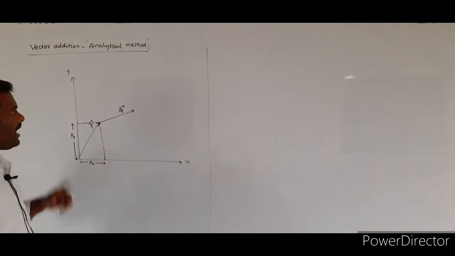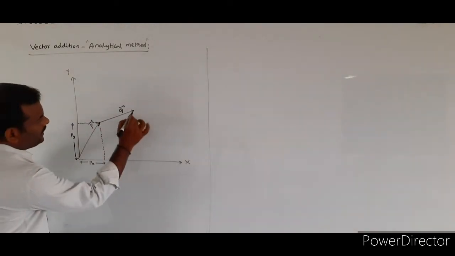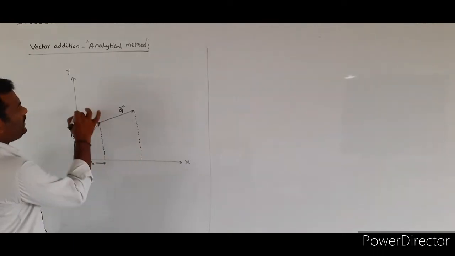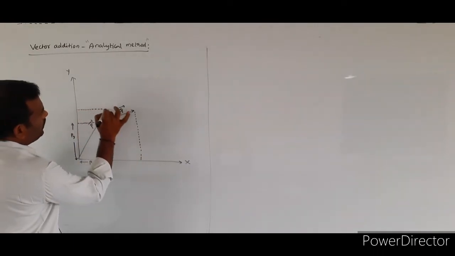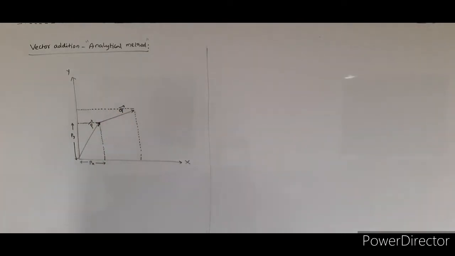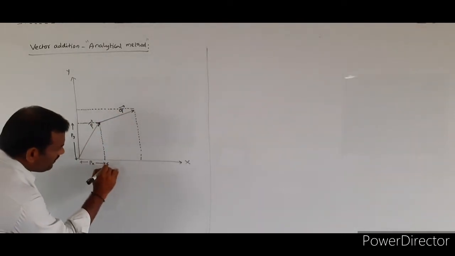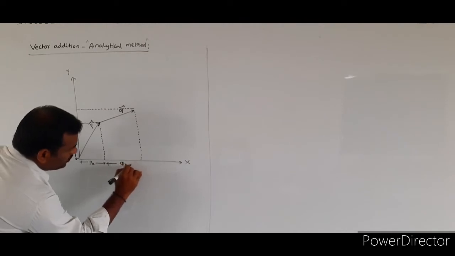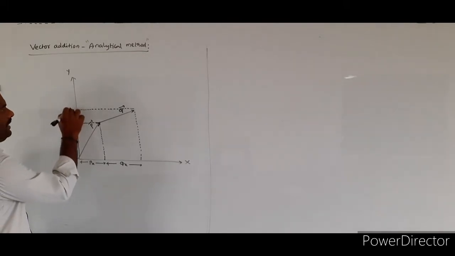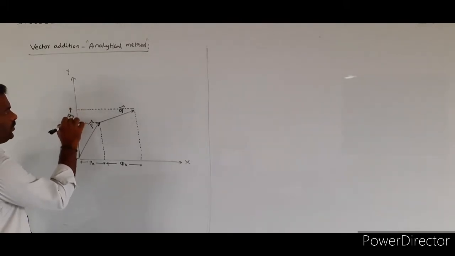Similar to P bar, Q bar is also to be resolved into two rectangular components. So this value is equal to Qx, and this value is equal to Qy.